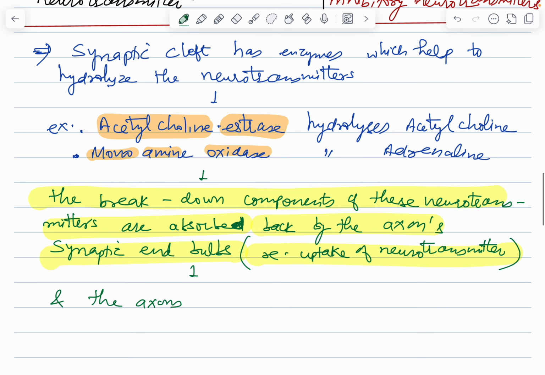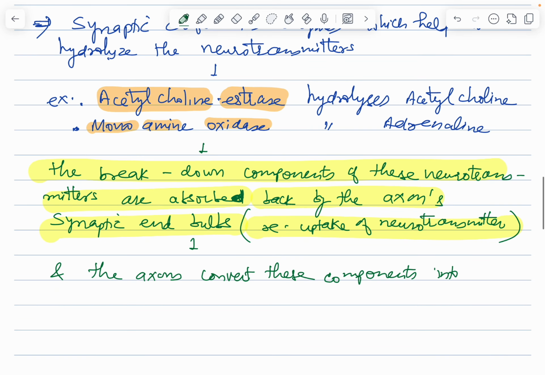The axons convert these components into fresh neurotransmitters again to release them next time.